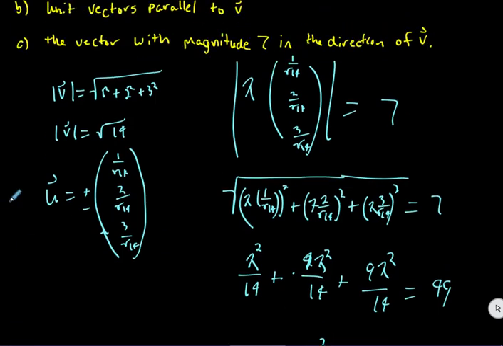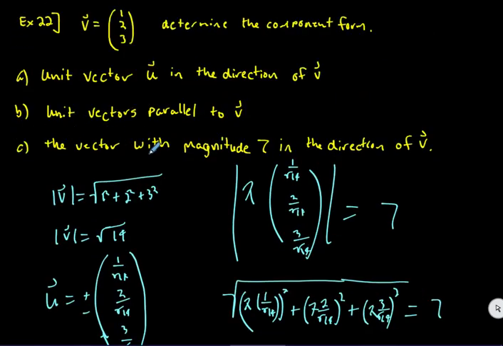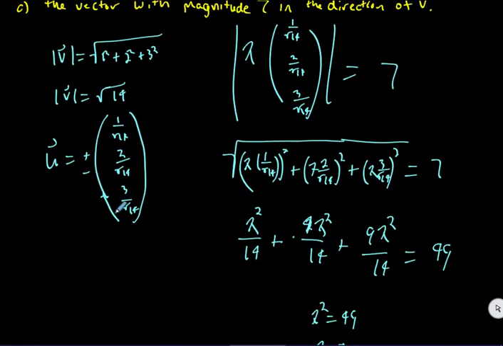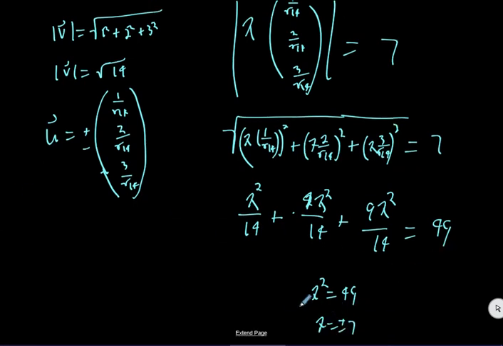But it asked me for the vector with magnitude 7 in the direction of v. So I want it in the direction of v, so I take that unit vector right here and multiply it by positive 7, to make sure I don't go in the opposite direction.